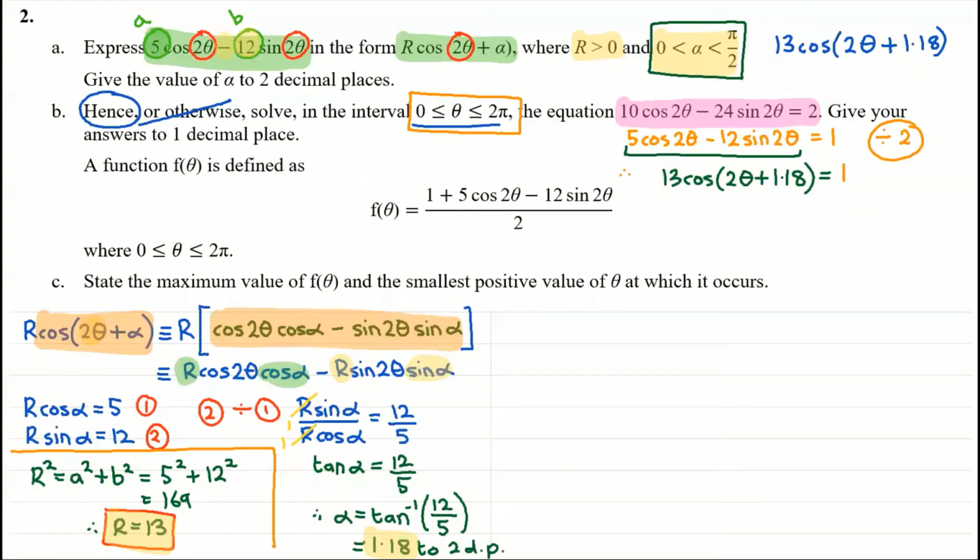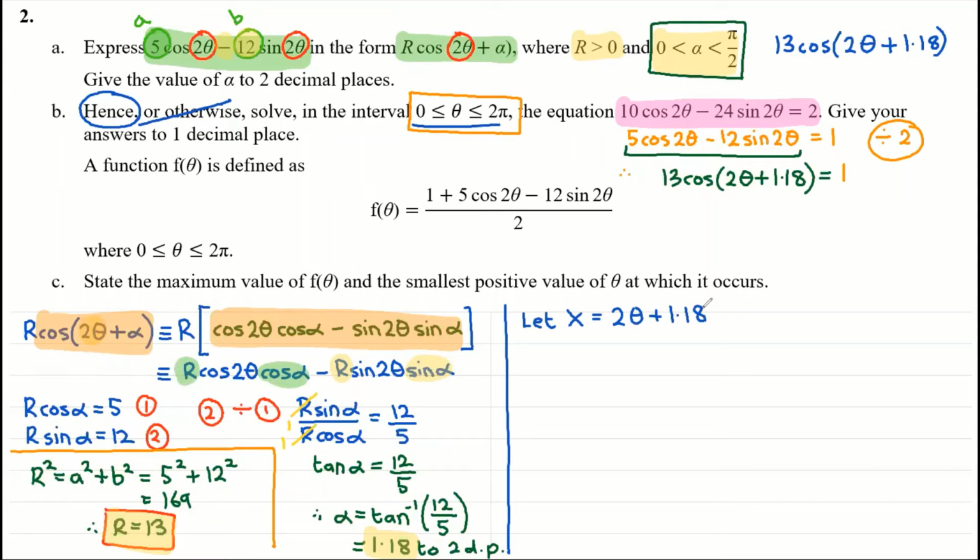So this is a classic trig equation question. So the first thing to do is let's make a nice substitution. So I'm just going to partition this. So let's say let big X equal this rather nasty looking angle, 2 theta plus 1.18.